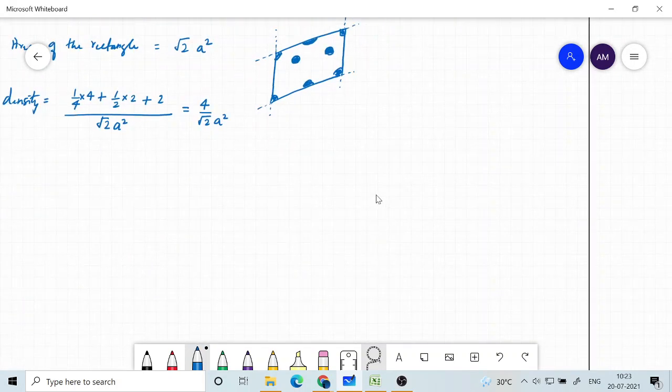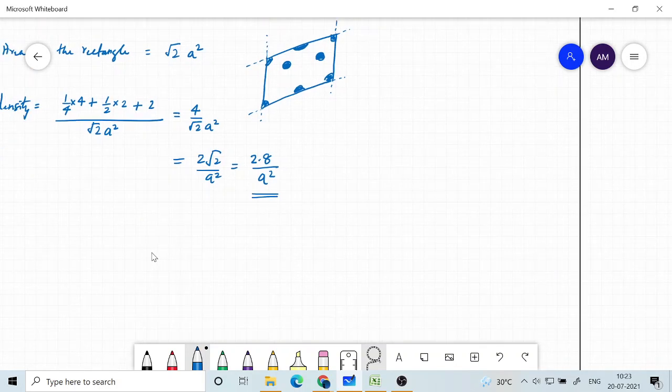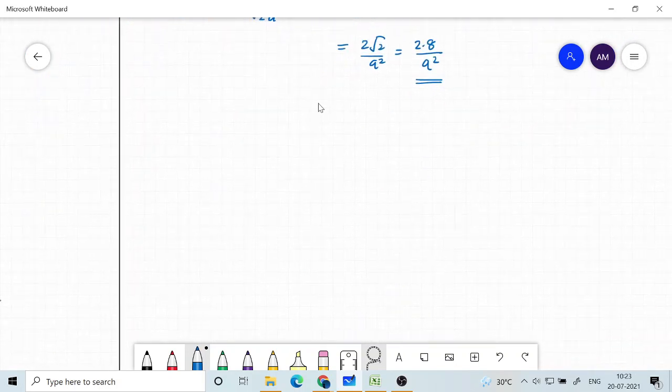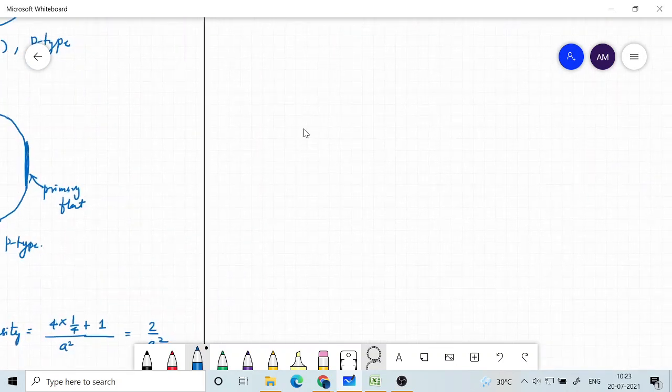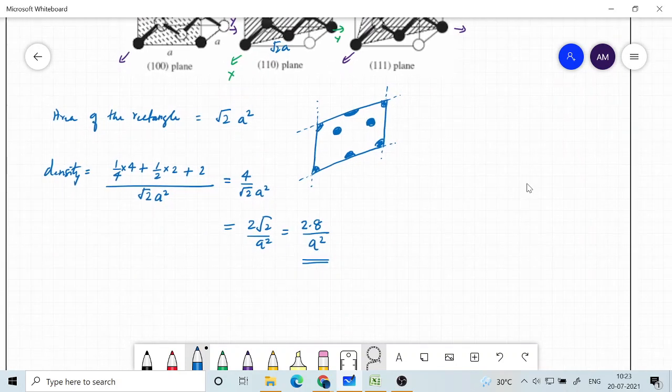So this is 4 by root 2, which is basically 2 root 2, so 2 root 2 by a square. Or if you find this out, you will get it as 2 into 1.4, so that will come as 2.8 by a square. So earlier one was 2 by a square. Now we got the density as 2.8 by a square. So per a square you have 2.8 atoms. So that is the 110.